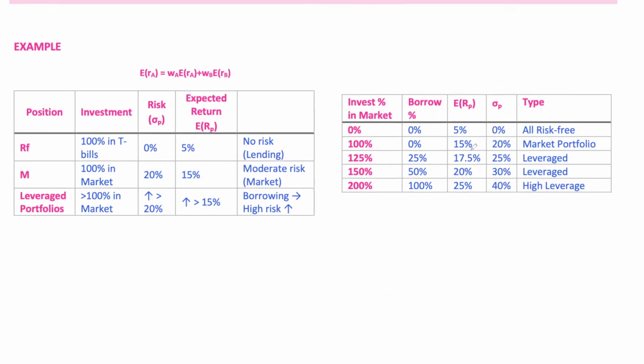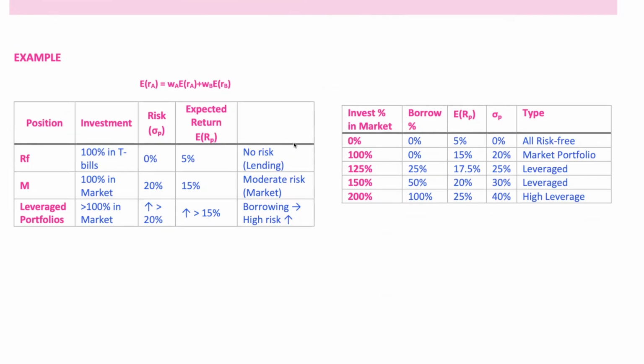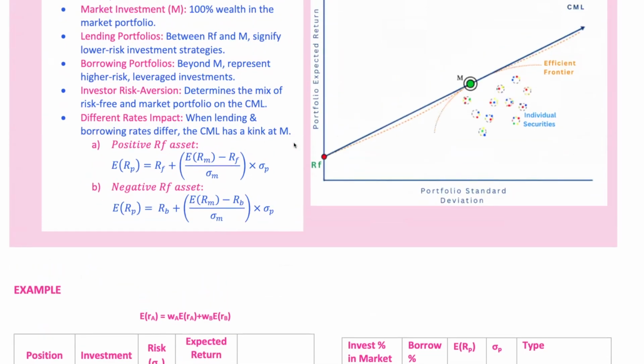So what's the takeaway? As leverage increases, both risk and return rise proportionally. You can't have one without the other. And the same old formula still holds true. The expected portfolio return equals the risk-free rate plus the extra market return per unit of risk times how much total risk you're taking.